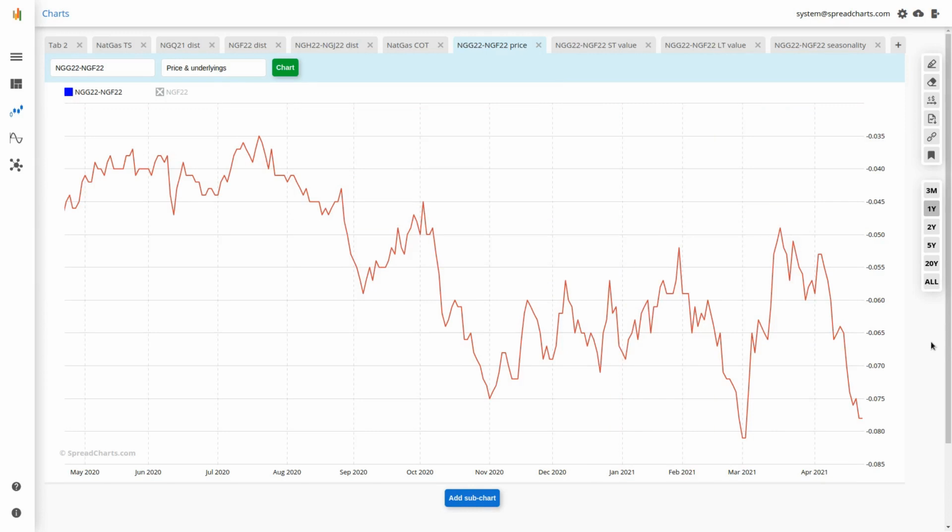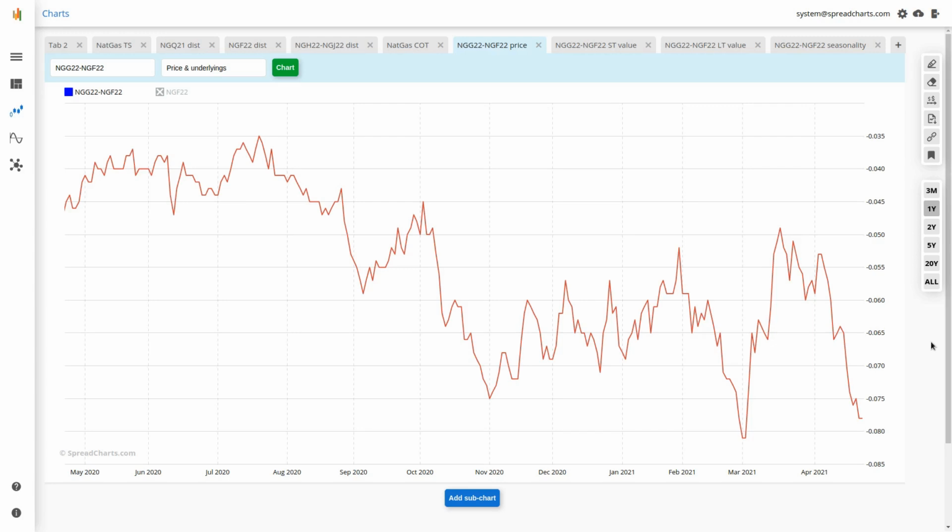And if you ask me if I would personally buy this bear spread right now, my answer would probably be no, and I have a few reasons for this. The first reason is that I don't like the fundamentals right now.